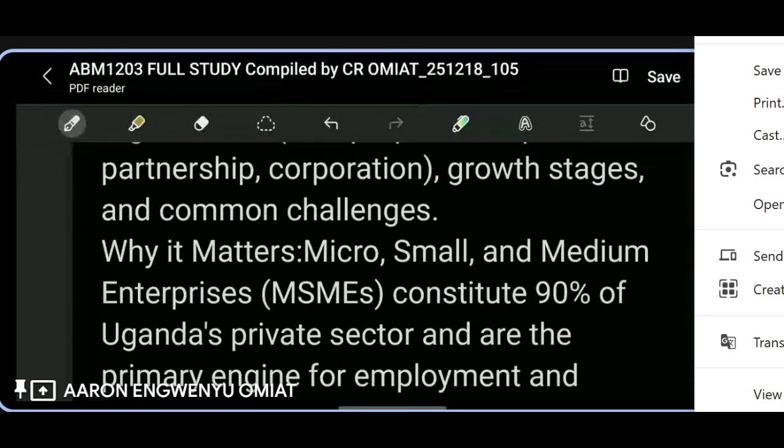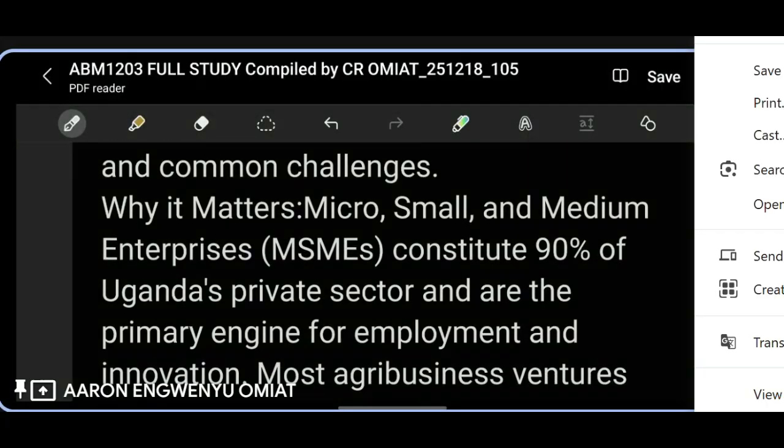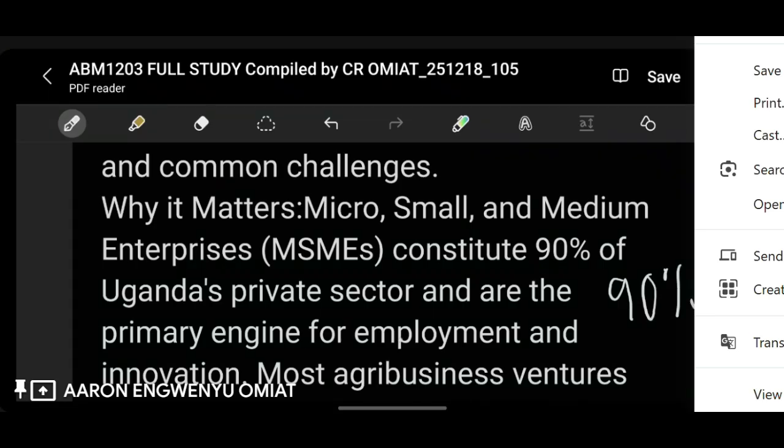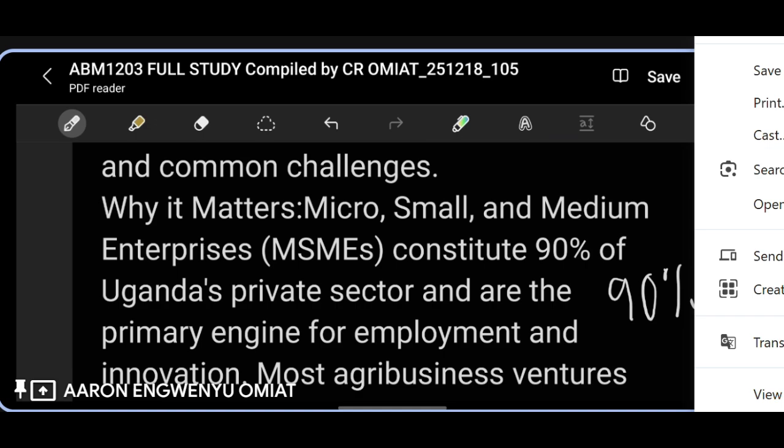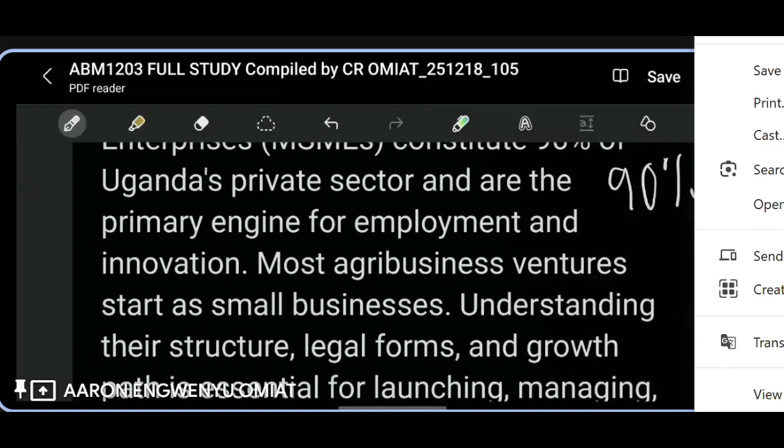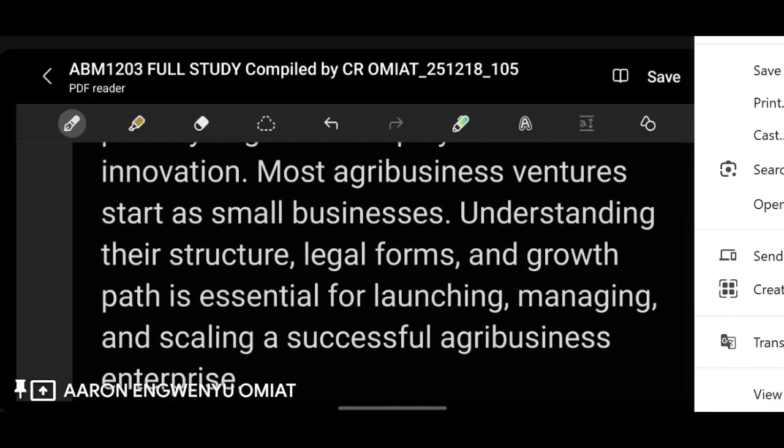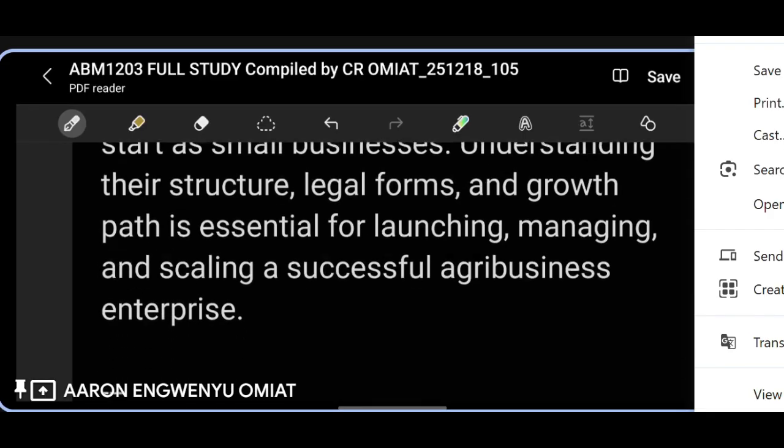So why does it matter? These micro, small, and medium enterprises contribute 90% of Uganda's private sector, and are the primary engine for employment and innovation. Most agribusiness ventures start as small businesses. Understanding their structure, legal form, and growth path is essential for launching, managing, and scaling a successful agribusiness enterprise.